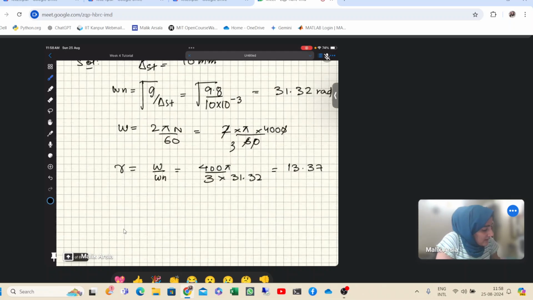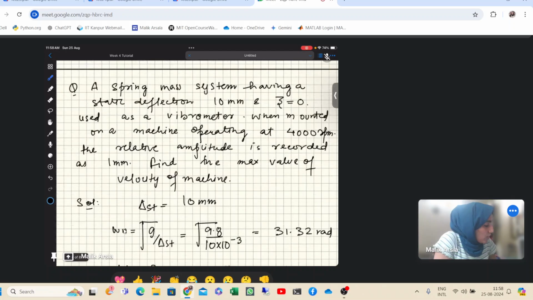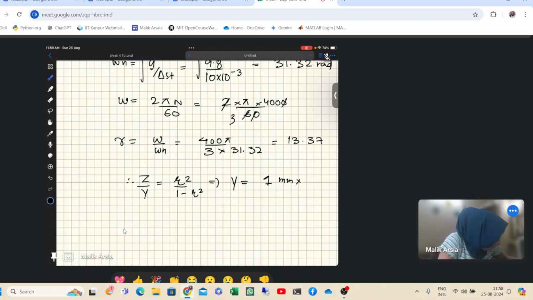Okay. Now we have R, zeta is 0, so we can simply write Z upon Y is equal to R square upon 1 minus R square, which implies that Y is equal to Z, which is 1 mm, into 1 minus R square upon R square.